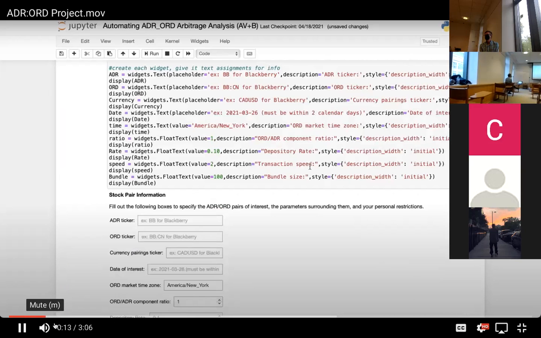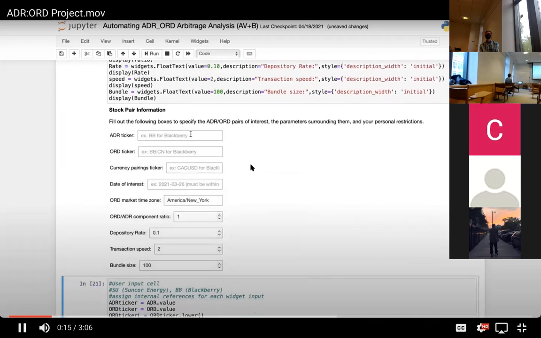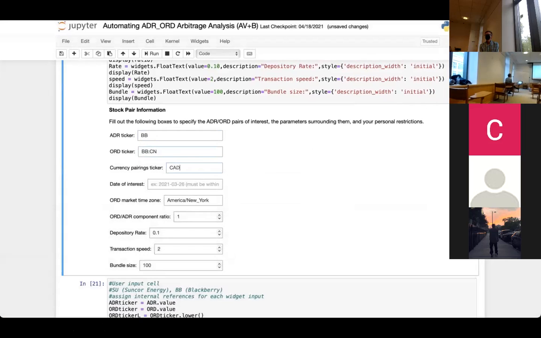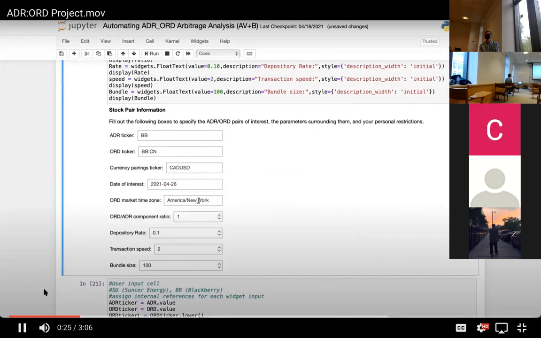This cell is then running our widgets for the user to actually input their information. Again, we're working with BlackBerry, which is a Canadian company. So the currency pairing ticker is the Canadian dollar versus the US dollar. There's some preset values. So we're assuming that the user has access to a 5 cent depository fee.